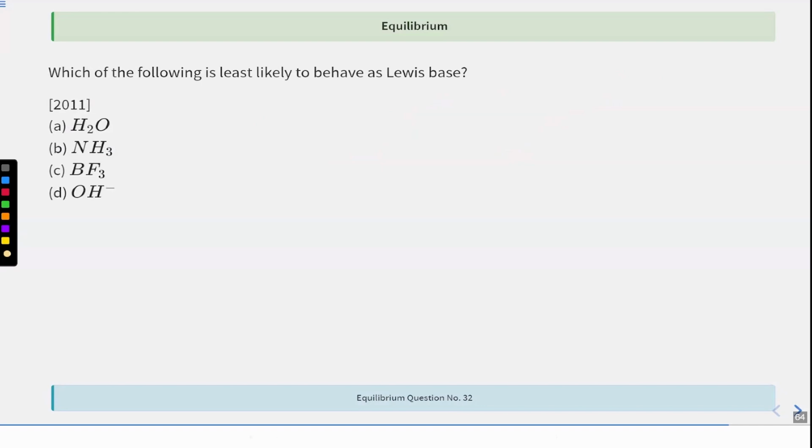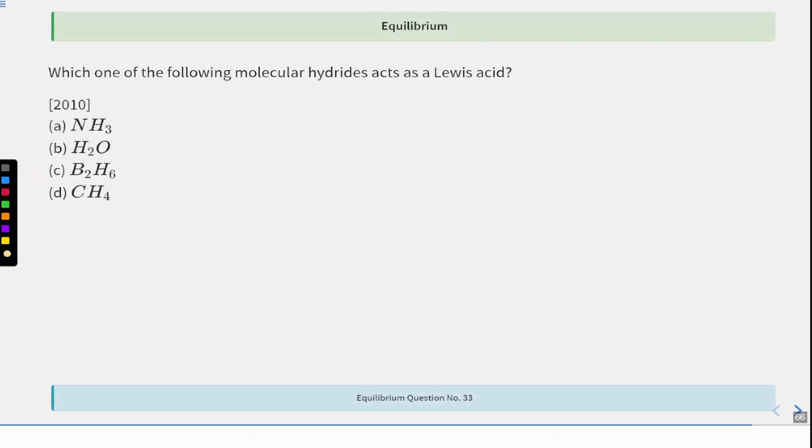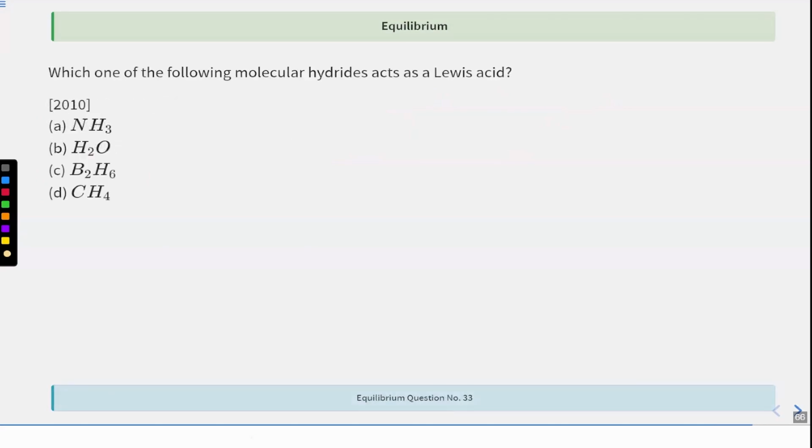Question number 32, they are asking literally the same thing, so keep the same thing in mind again. This time they are asking about Lewis acid. The question still remains the same. Whichever is electron deficient will accept electrons, and that will make it a Lewis acid. And we know B2H6 has fewer electrons based on the structure that it follows.